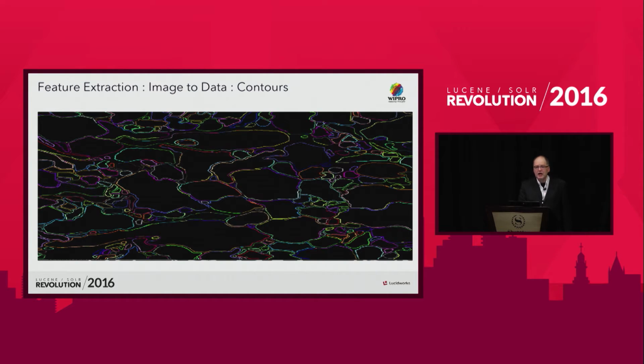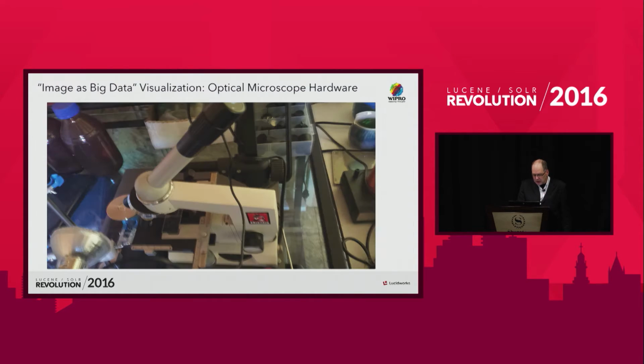We can find contours. We can find lines, as you saw in that earlier example. So as far as pulling features out of the data and putting them within our Solr data, it's relatively straightforward and very flexible.